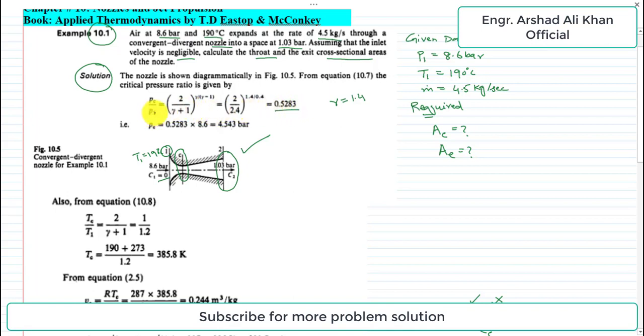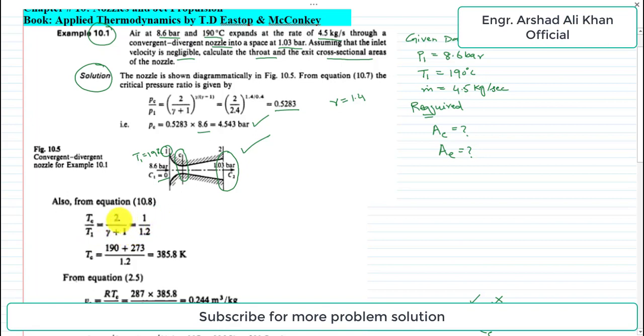Now to find the value of PC, we will multiply P1 with this ratio. So P1 is 8.6 bar given, so the value of PC comes out 4.543 bar. Further, to find the temperature TC or temperature at throat, we have relationship TC by T1 is equal to 2 by gamma plus 1.